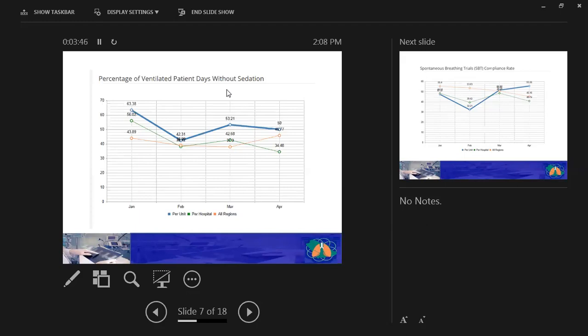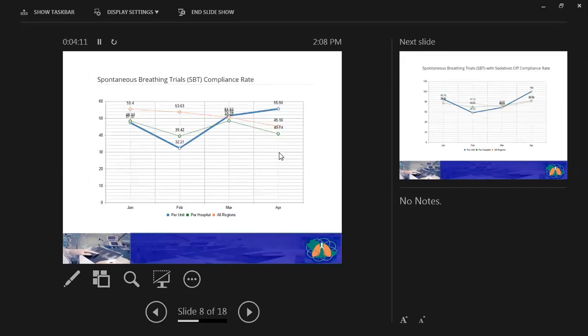Many patients actually do not need to be on sedation, and this slide shows you the percentage of patient days without sedation. On average, in all ICUs together, around 45% of the patient days are not on sedation, which is good. You'd like to see more, but it's okay. In this ICU it is 50%, in this hospital 34%.